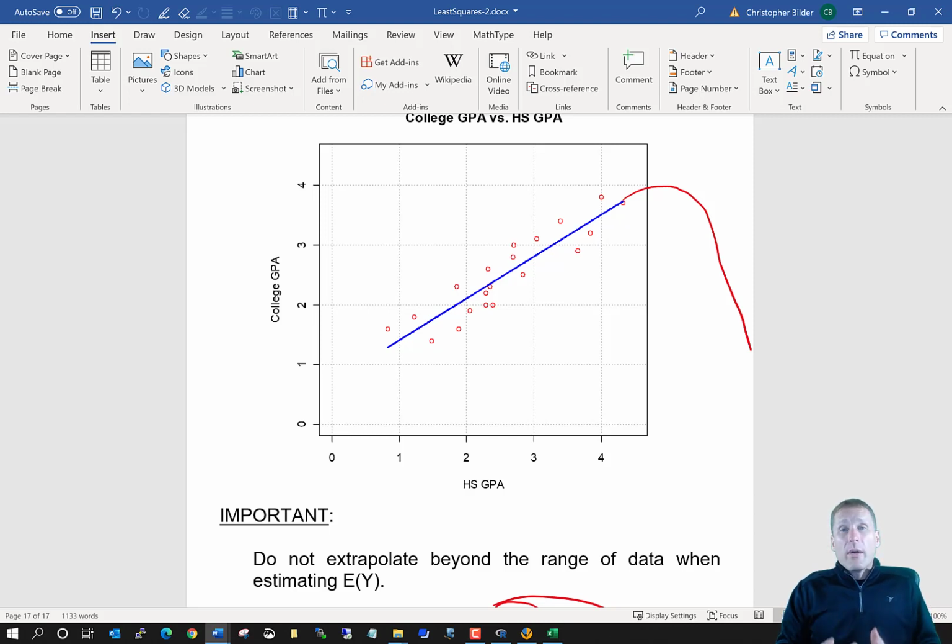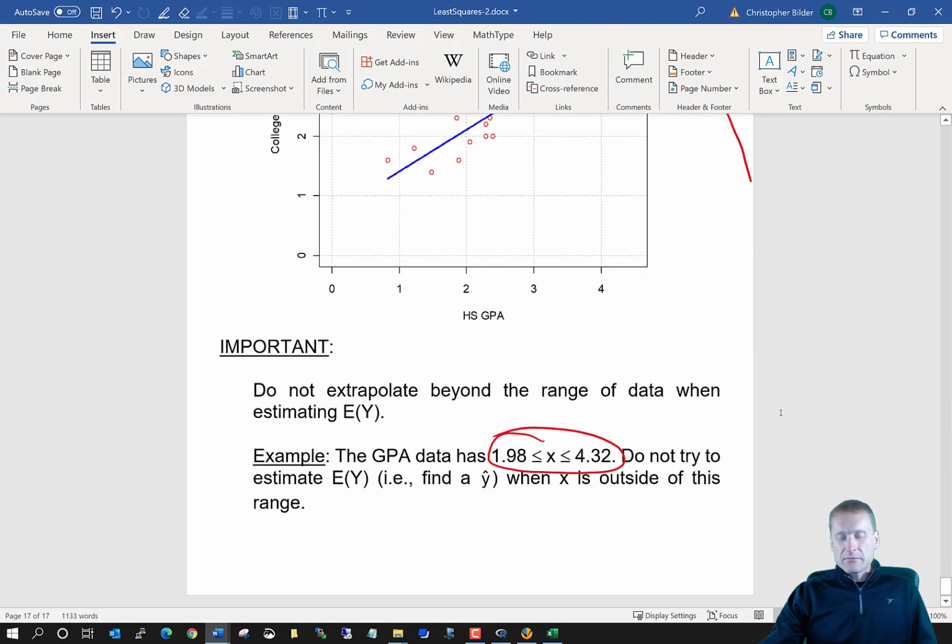So always keep your estimates for y, or expected value of y, within the range of what you have information on. In this case, the minimum high school GPA all the way up to the maximum high school GPA that we have in our sample itself. So don't extrapolate beyond the range of the data, the range of your sample information.